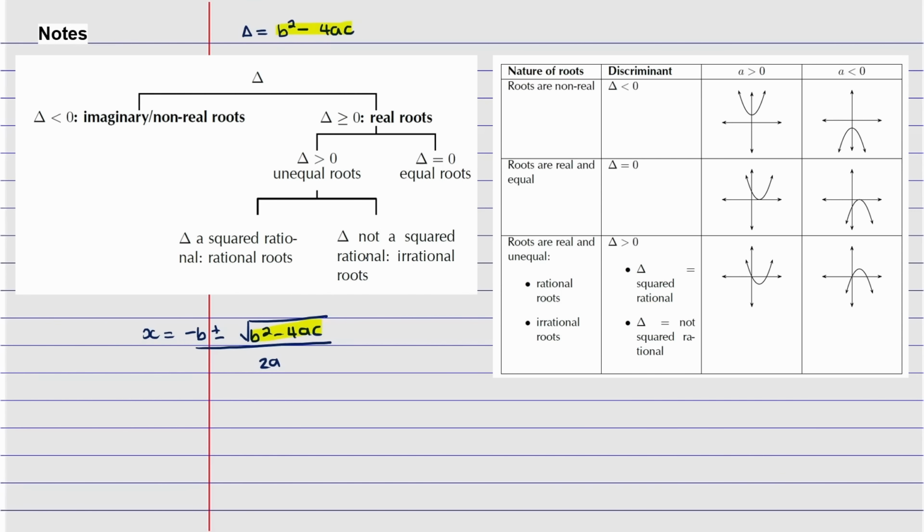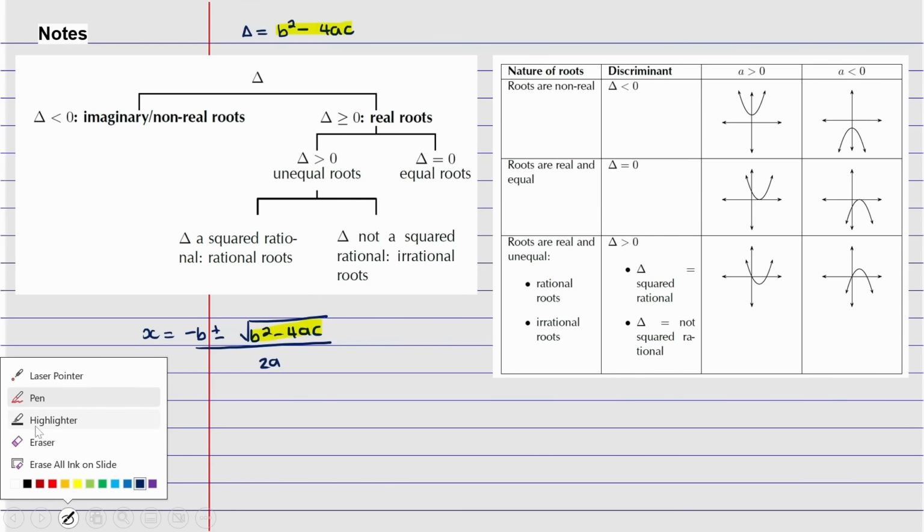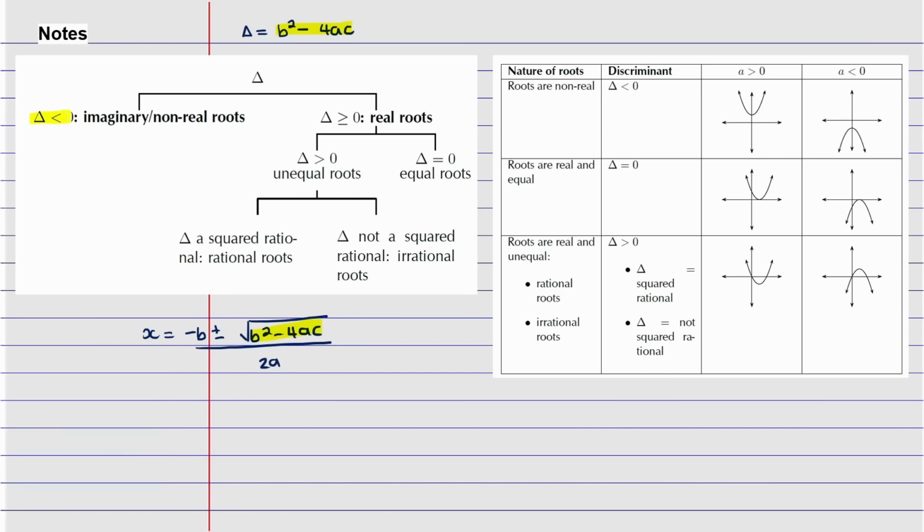If they say determine when there are no roots, whenever they talk about roots or solutions, or determining a k value of something, always think about the nature of roots. When they say there is no roots, it means your delta is less than 0. What does less than 0 mean?